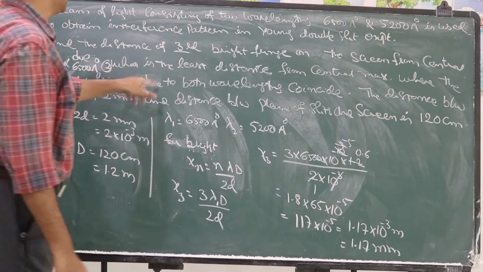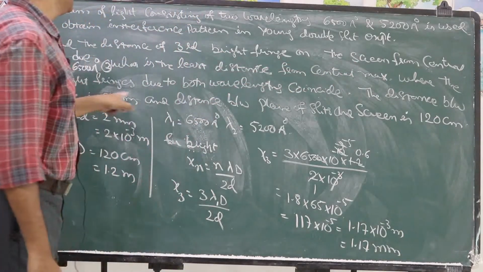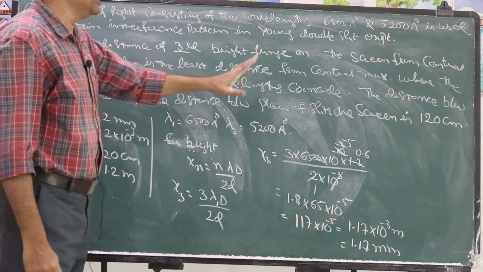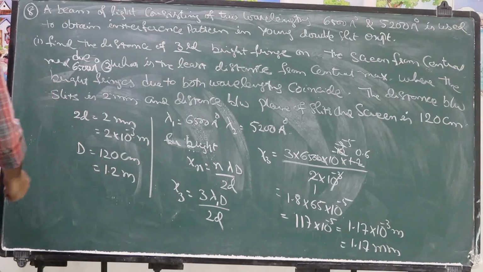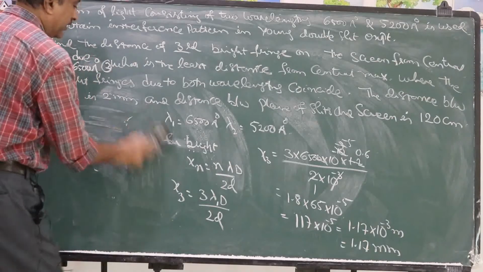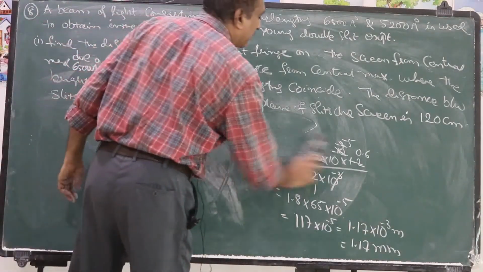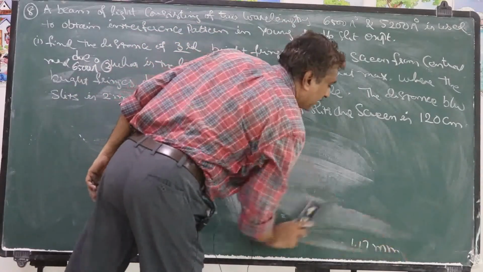Now for the second one, what is the least distance from the central maximum where the bright fringes due to both wavelengths coincide? That means at the same point we get the bright fringe due to one wavelength, and at the same point bright fringe due to another wavelength, but the order may be different.